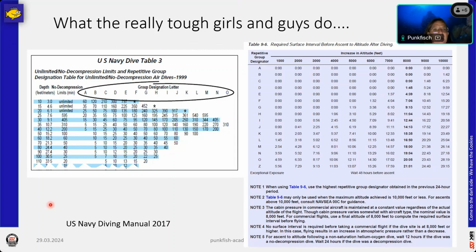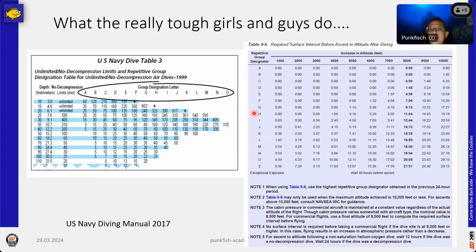So what do they have? They have these repetitive groups, which, for example, after a dive to 90 feet, which is 30 meters, and you go to the no decompression limit of 30 minutes, you would then be in group H, meaning you already have some nitrogen in your body.